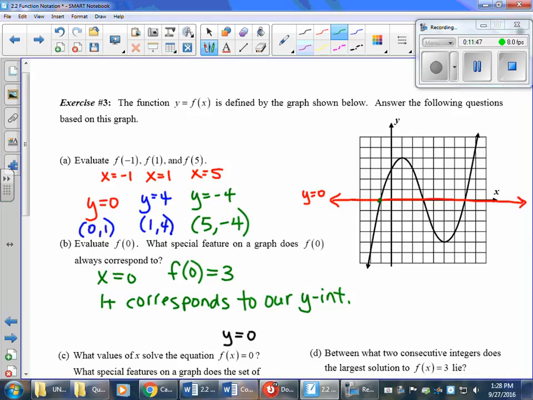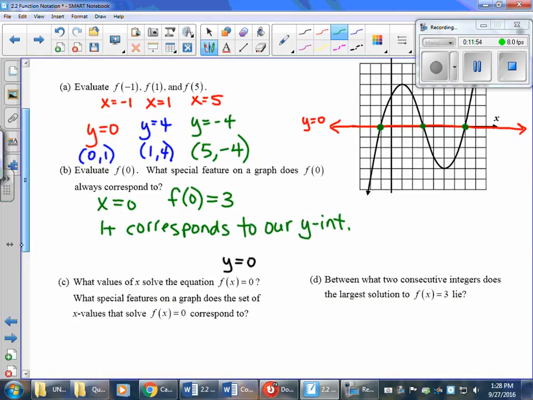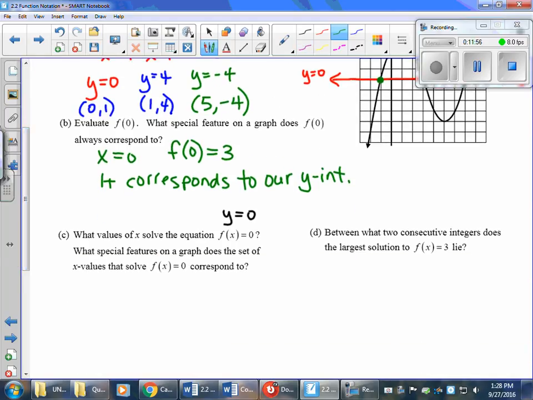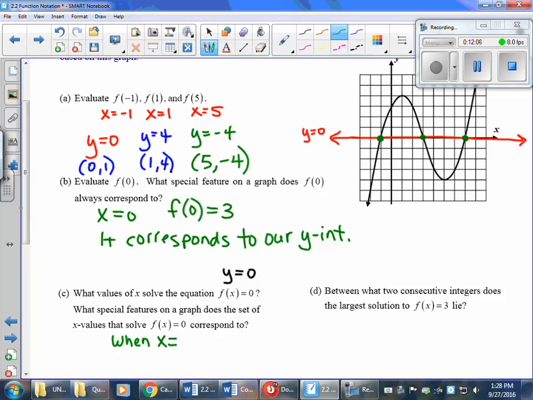It hits here, it hits here, and it hits here. So we can say f of x equals 0 when x is equal to, now I've got to go back and look one more time, negative 1, positive 3, and 7.